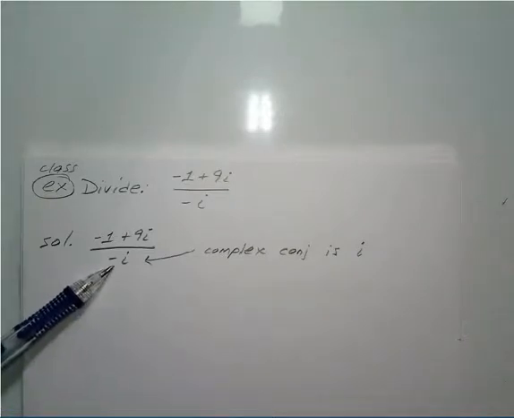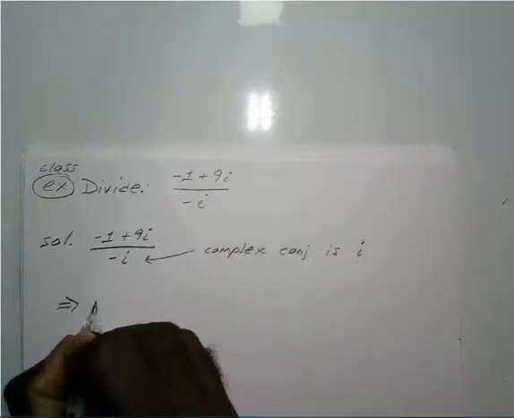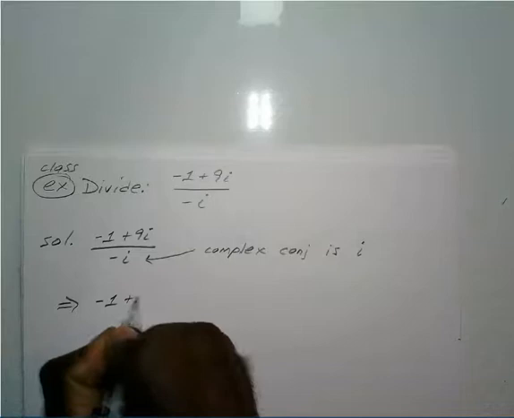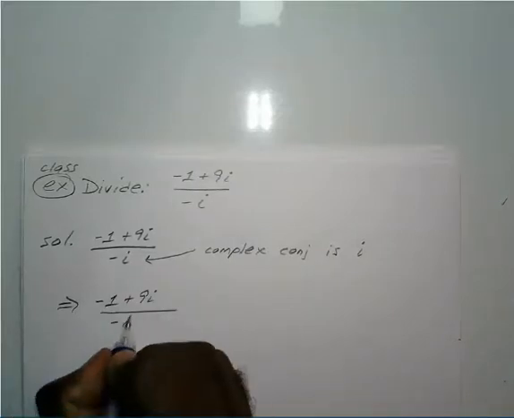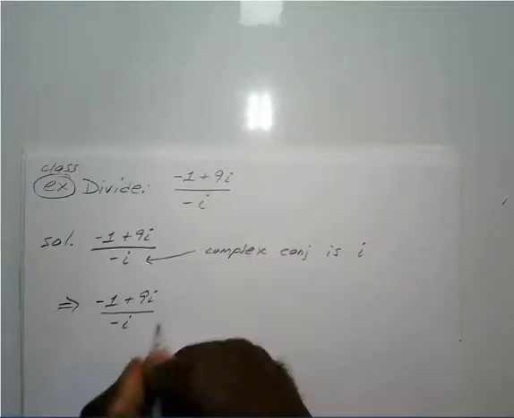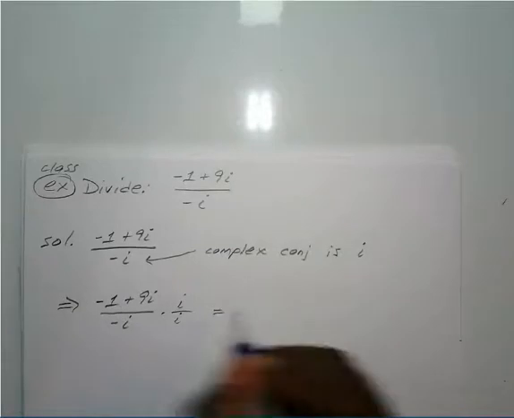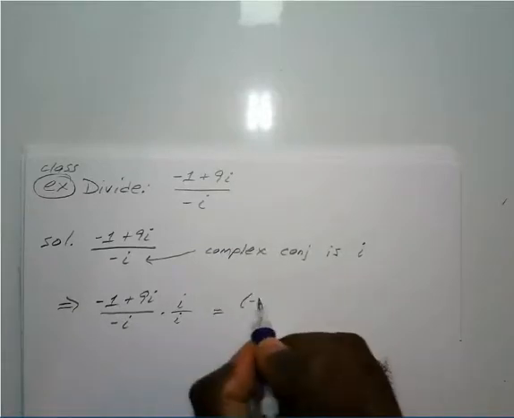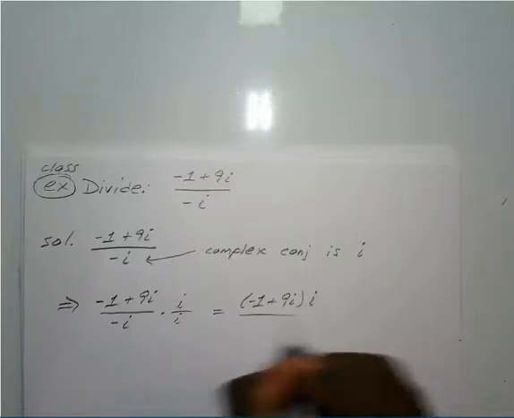So since it's just a complex value, it's just i. Okay, so we have negative 1 plus 9i over negative i, times i over i, or you can just make that negative 1 plus 9i times i over negative i times i.